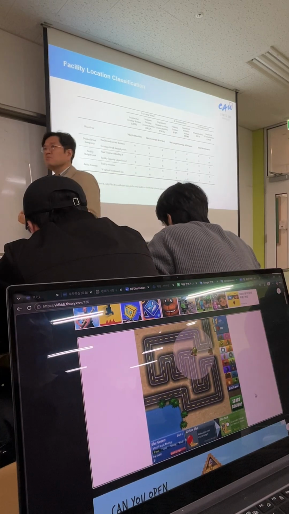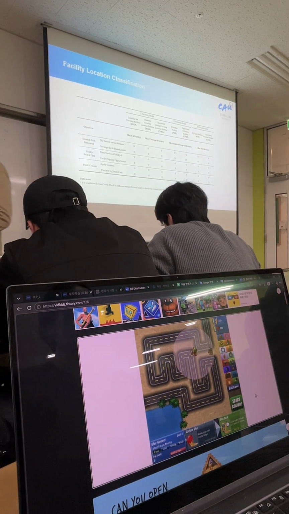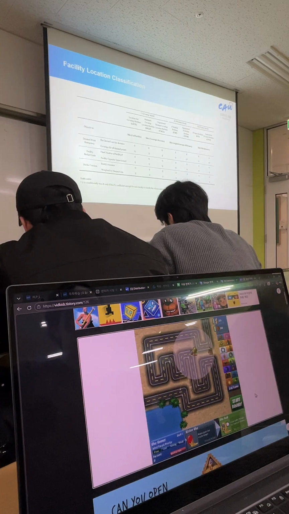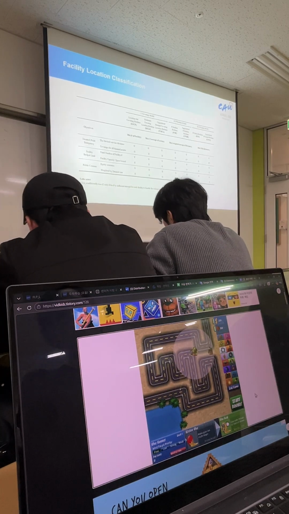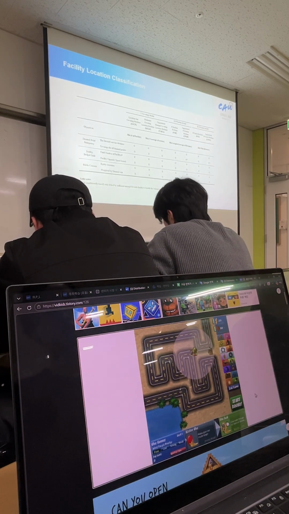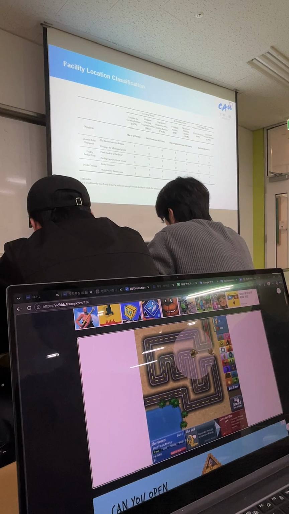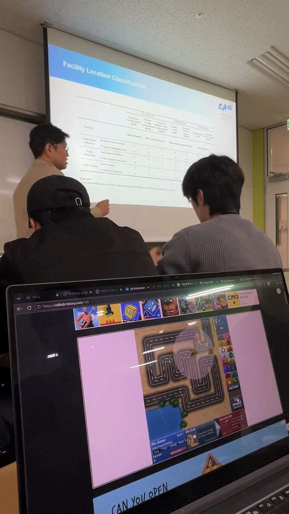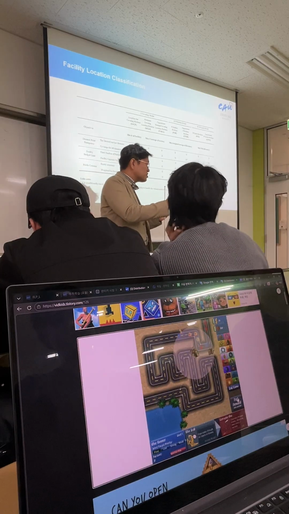What is the definition of minimax? Minimax means minimize the worst case. Minimize the maximization. Minimize the maximum number. That means among the whole distance, you want to minimize the worst case scenario.